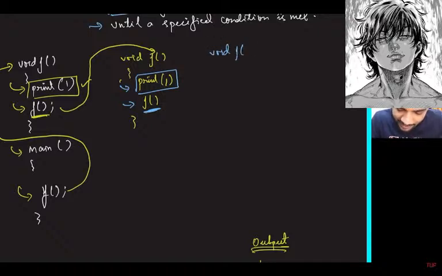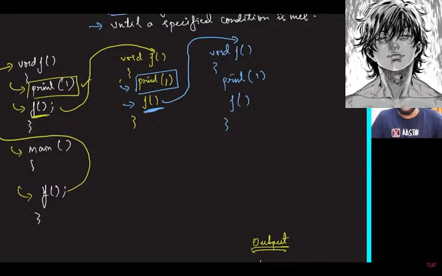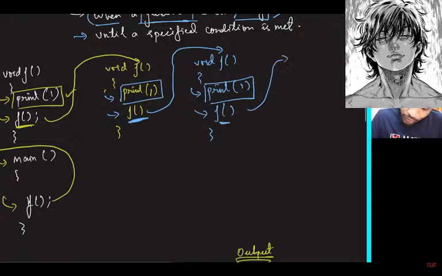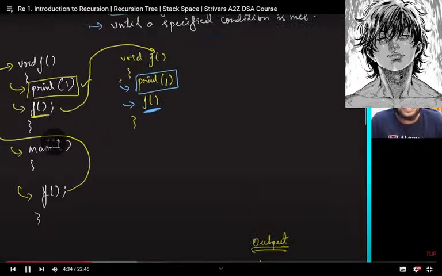So if I write down the f function again, print 1, f again, this f will now go and call it. Perfect. Again this line will be executed, print 1, and again the next line is executed, which calls one more function.